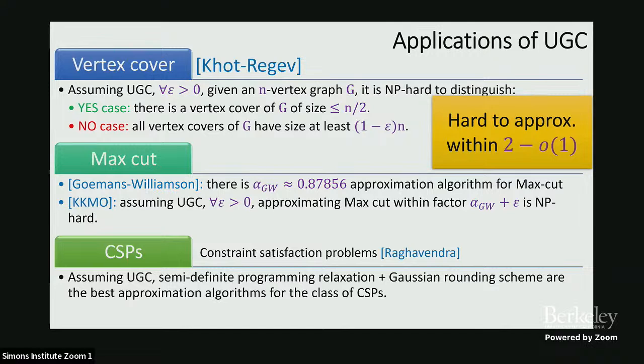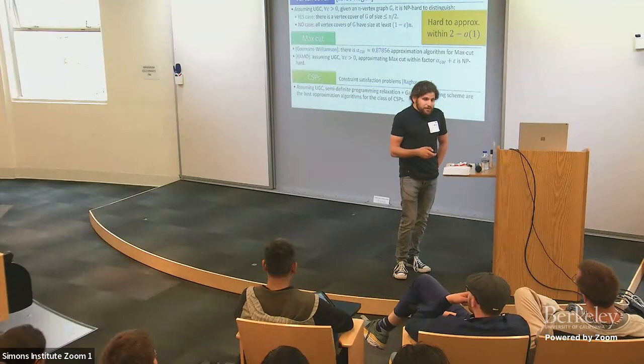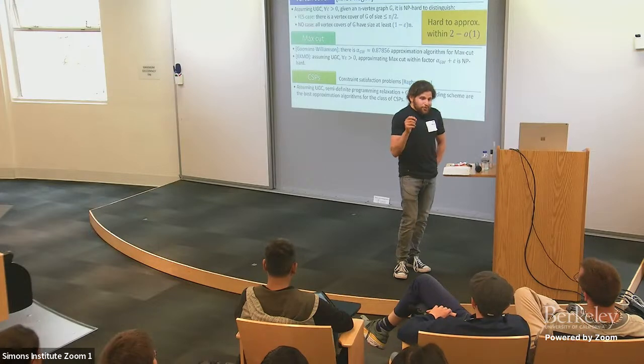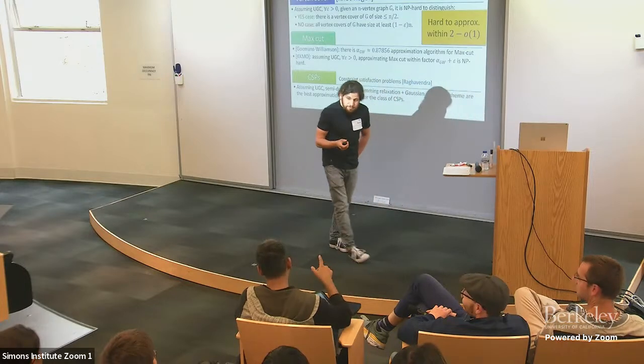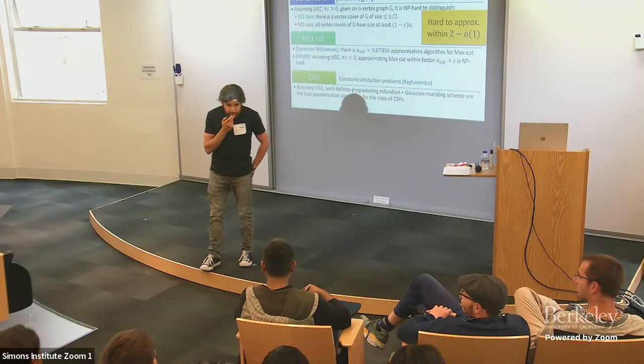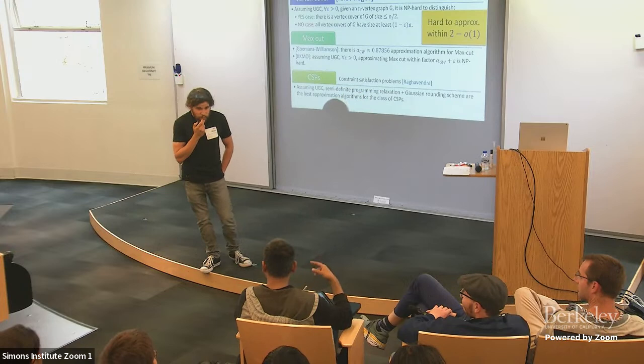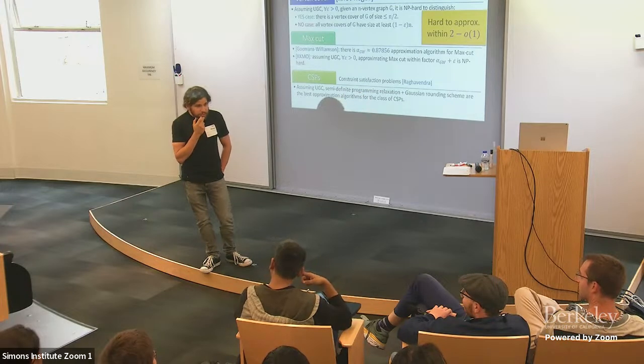Do you know what the best approximation ratio is? Each constraint satisfaction problem has a separate number. I don't know if approximating these numbers is easy or not. Yeah, but there's some issue there on how much information we should look at.